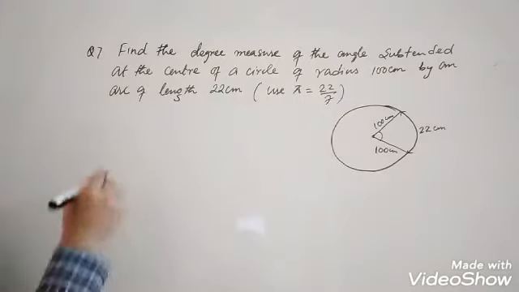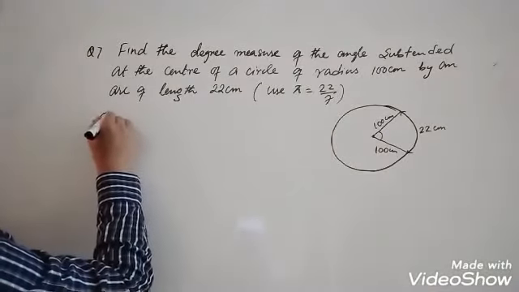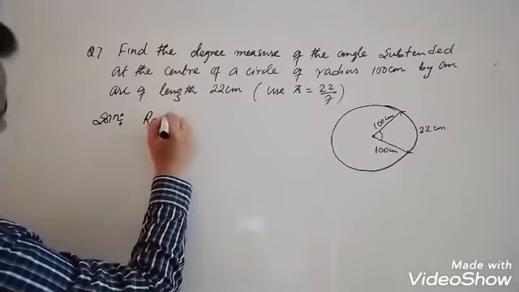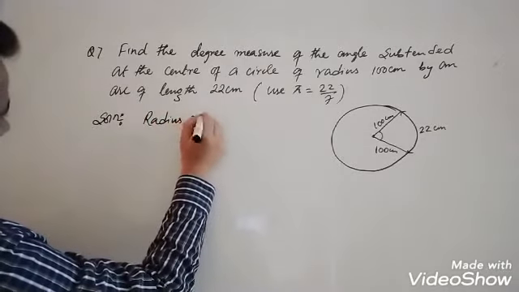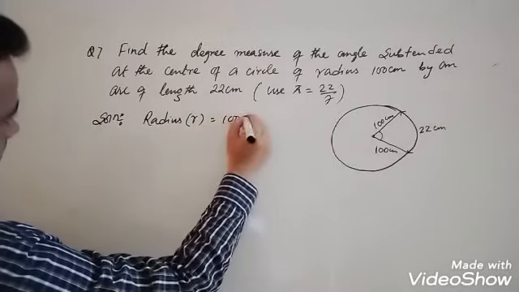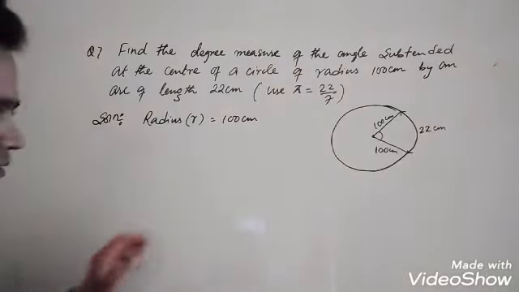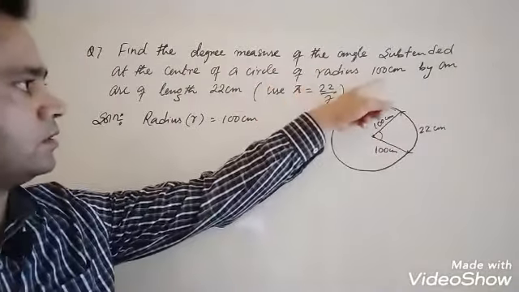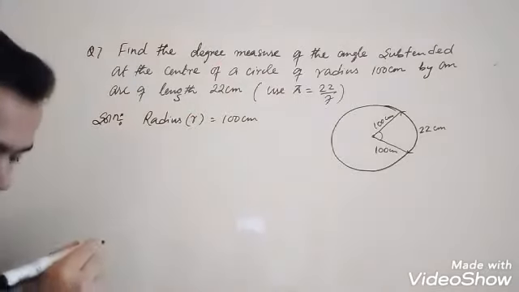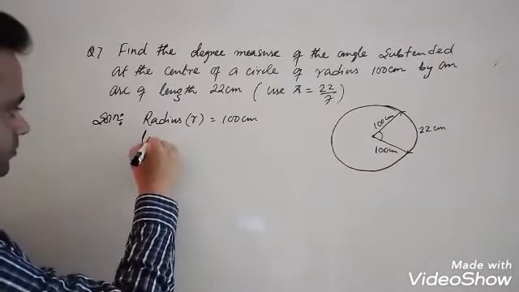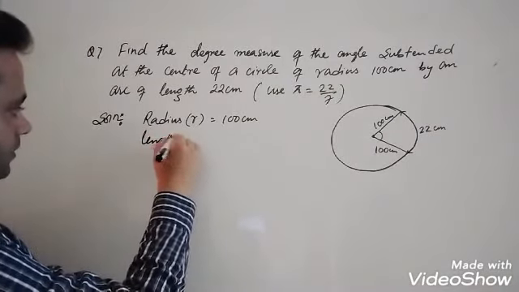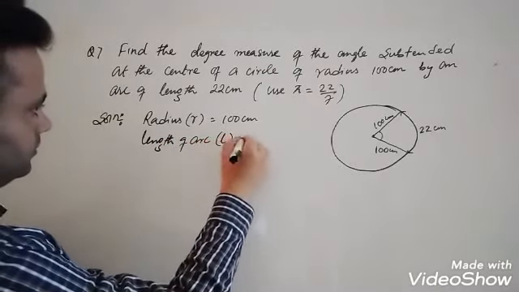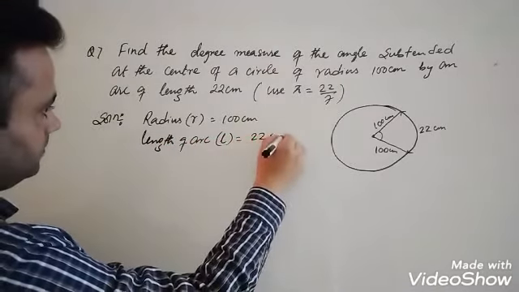Okay, in the solution, the radius is given. Radius r equals 100 centimeter, and the length of the arc l equals 22 centimeter.